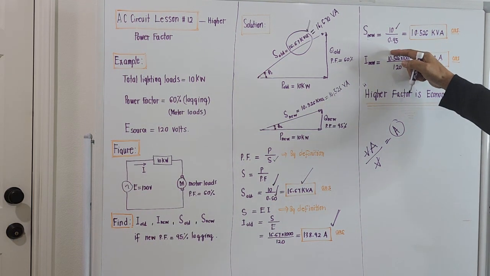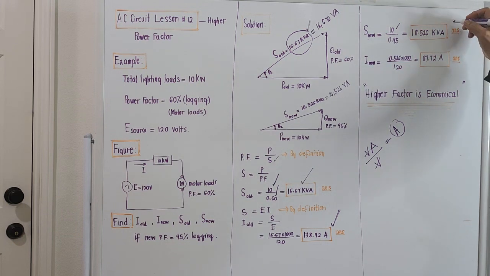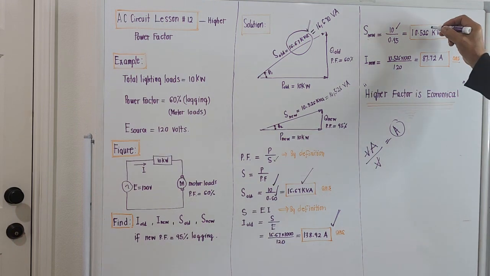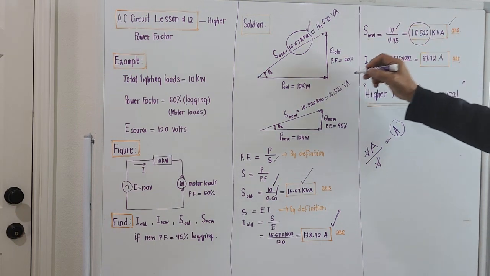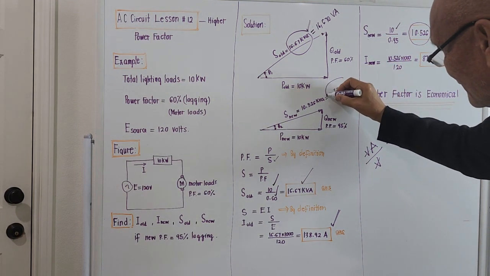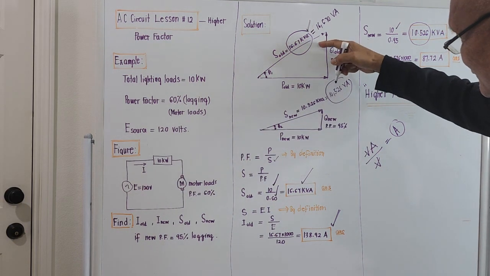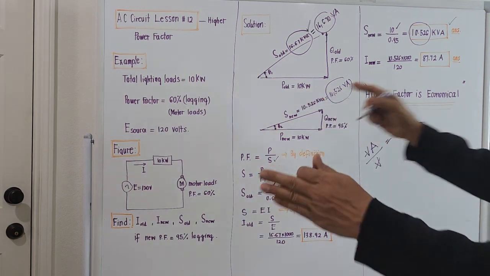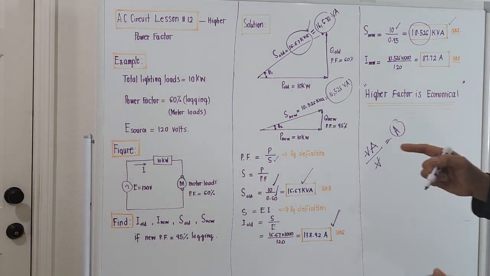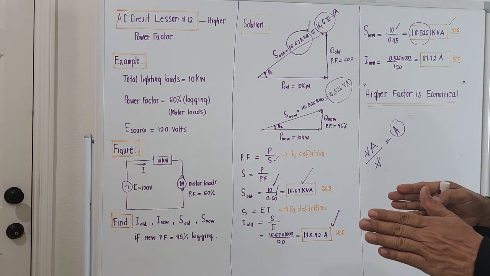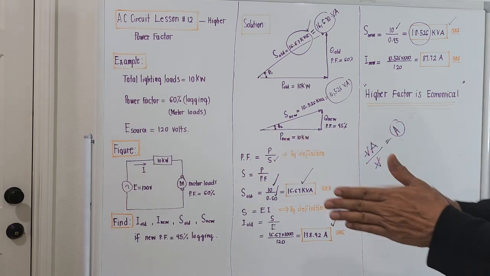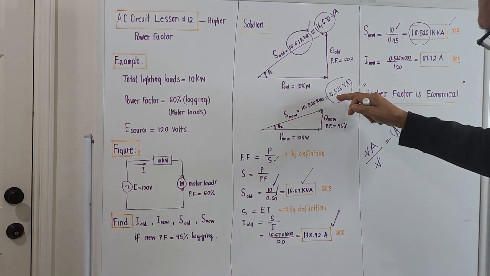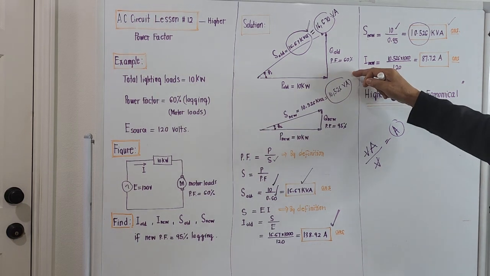So 10 over 0.95 will be 10.526 kVA. This is less than 16,670. So at the new power factor, the total apparent power which will give us a bill from the utility companies is only 10,526 volt-ampere.